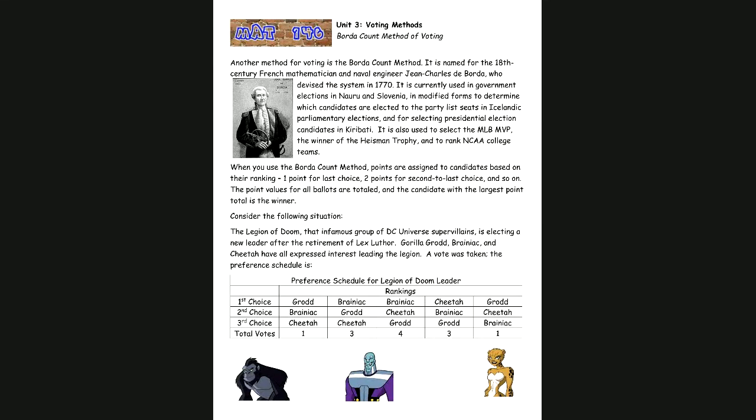In modified forms, it's used to determine which candidates are elected to the party list seats in Icelandic parliamentary elections, and for selecting presidential election candidates in Kiribati. That is a little-known country. I didn't even know it existed until I did some research about the Borda count method. And yes, for some reason the TI is pronounced with an S sound. So it's Kiribati.